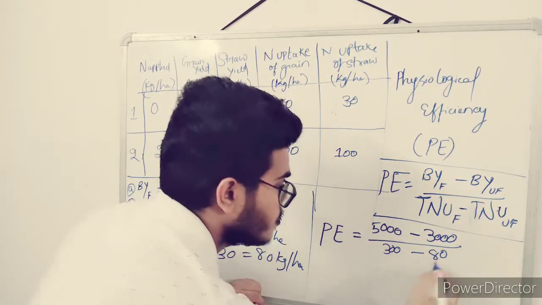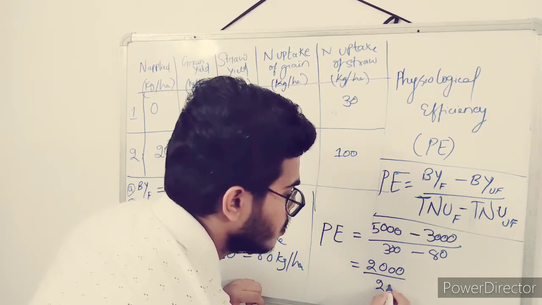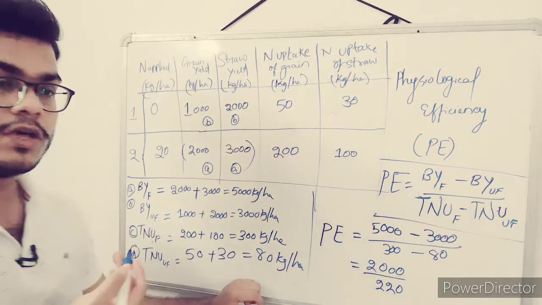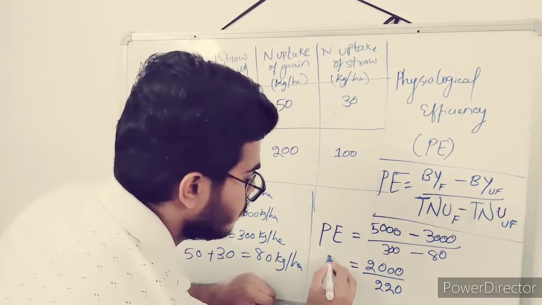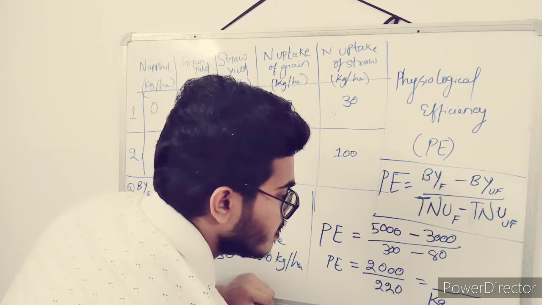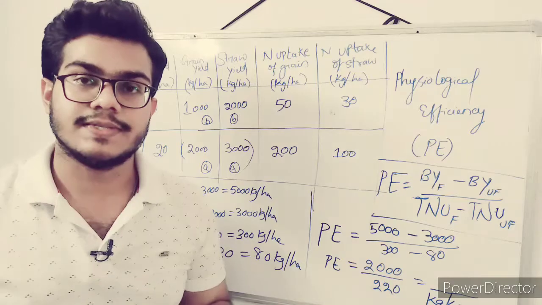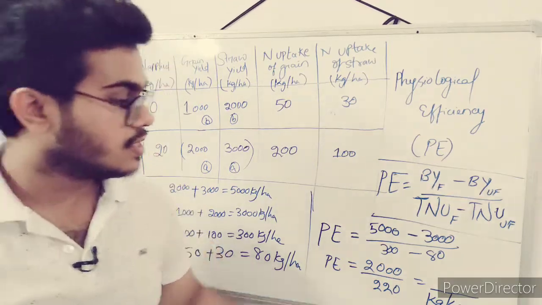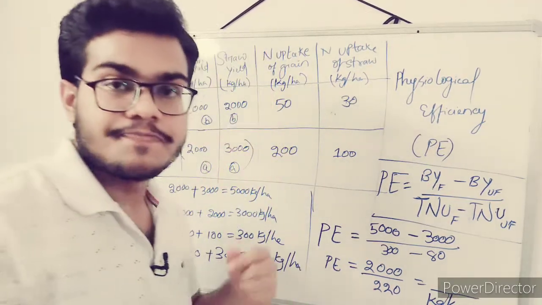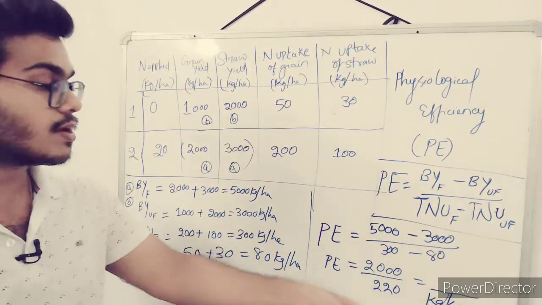Here it is 80. So here we get 2000 divided by 220. Solving this, we can get the physiological efficiency, and the value is in kg per kg. Whatever we get will be in kg per kg. This is the unit of physiological efficiency, and this is how, putting in the formula, we can calculate it.